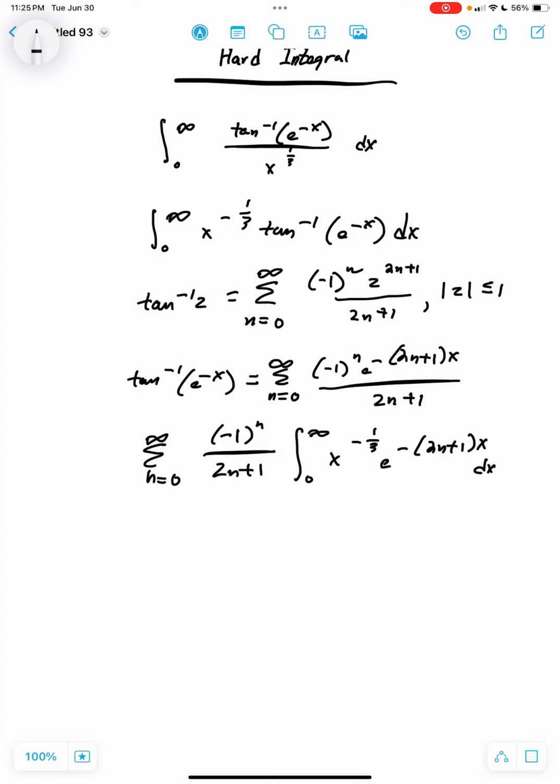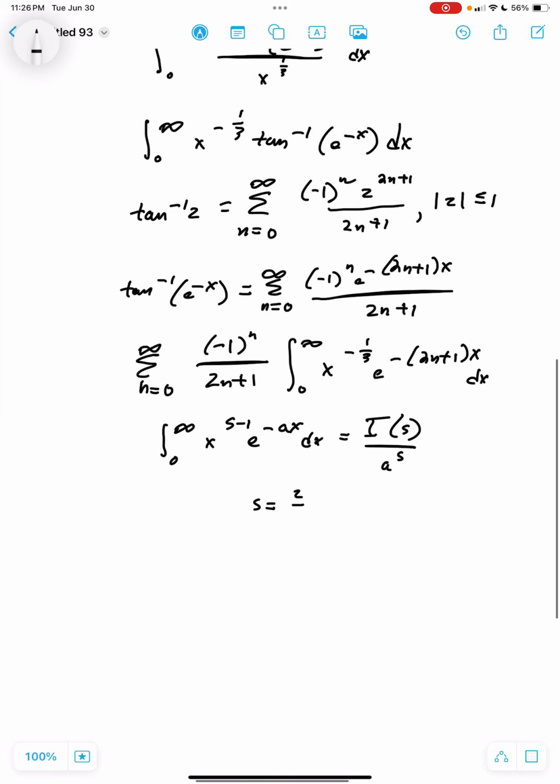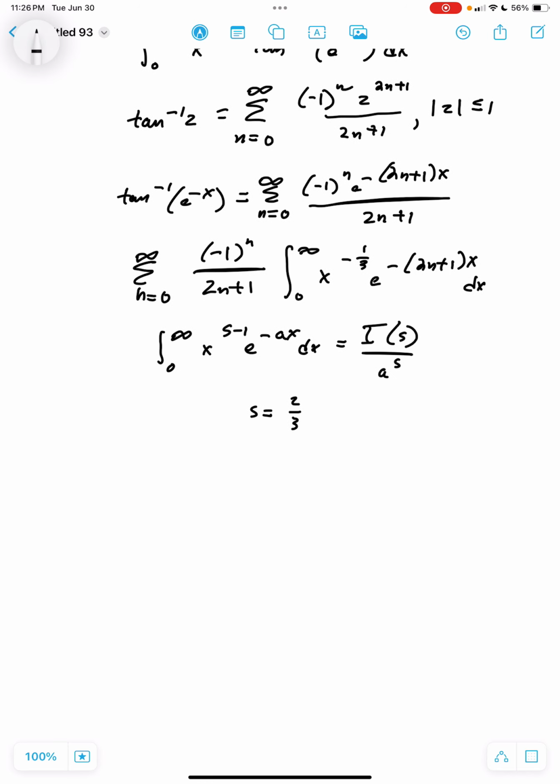And now I can use the gamma integral, where the integral from 0 to infinity of x to the s minus 1 e to the negative ax dx is defined as gamma of s over a to the s. And we are at s equals 2/3. So therefore, this integral that I wrote up above must be equal to gamma of 2/3 over 2n plus 1 to the 2/3.